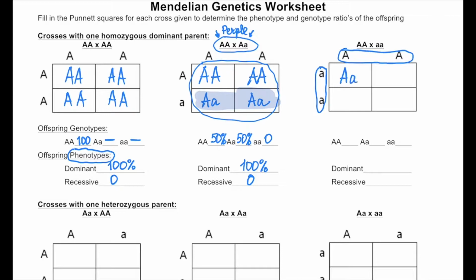All of your offsprings are going to be heterozygous, which means that they're all going to be, again, of the dominant phenotype. They're all going to be purple. So 100% for dominant phenotype, 0 for recessive phenotype, and it's going to be 100% for your heterozygous genotype.